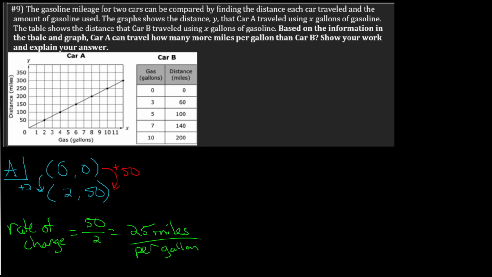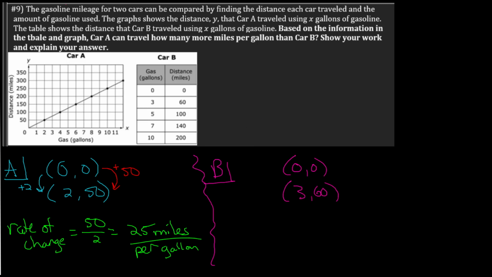So for B, let's do a different color. I have the 2 points, so I have 0, 0. Same setup, a little bit easier now. Let me move this over a little bit. Let's say 0, 0, and the next point, 3, 60.